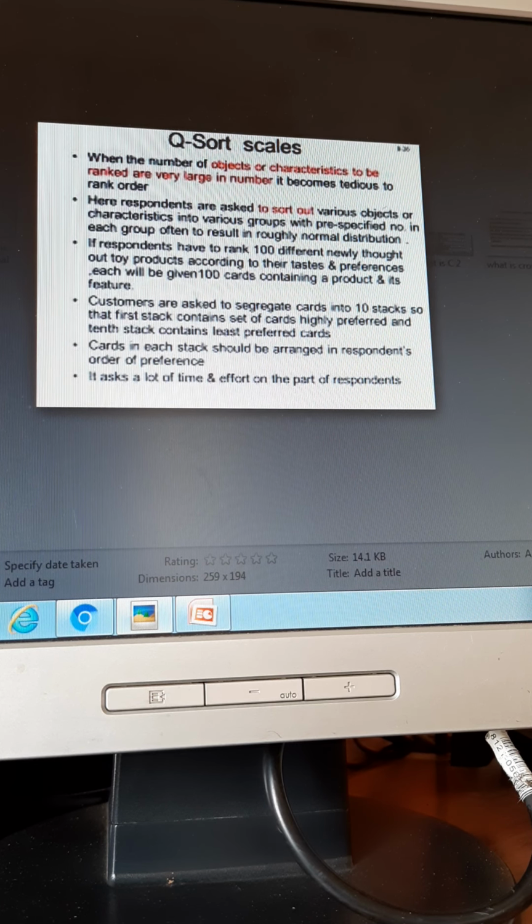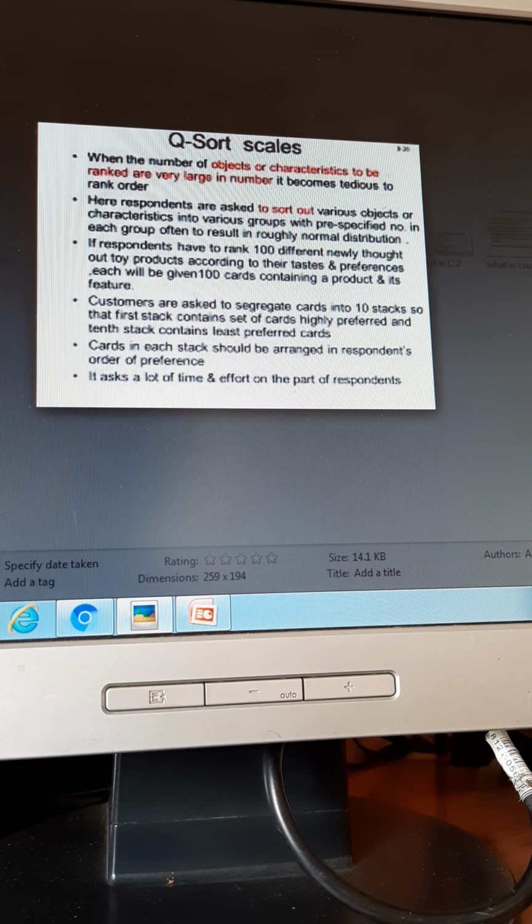Whatever I told you now is explained over there in the slide. When there are too many things to sort out, when the number of objects or characters to be ranked is very large, it's again a rank order scale, but with large numbers. It becomes very tedious to write 1 to 100 for all of them. So I ask the respondents to sort. What is the example I gave for sorting?